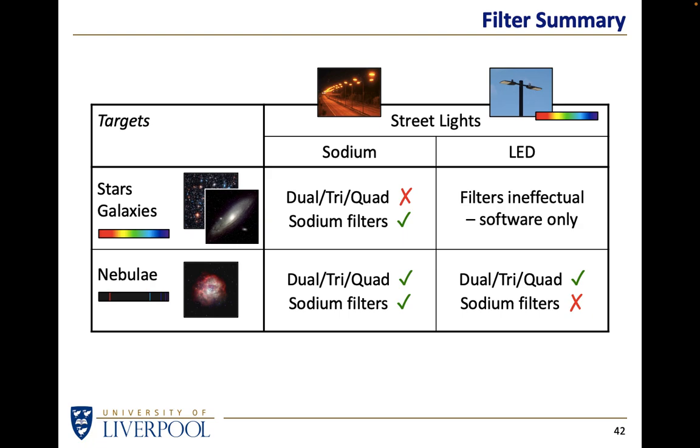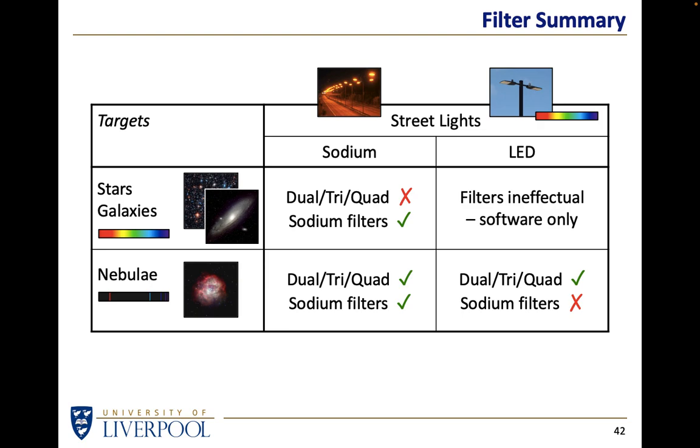They're both emitting over all colors, so filters will not work. All you can do is to say, well, I've got to go back into Neanderthal mode, sit in front of a laptop and do the processing that will get rid of the sky glow and allow me to see the objects that I'm interested in.